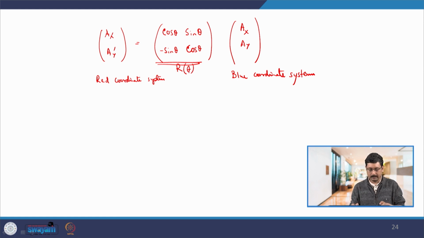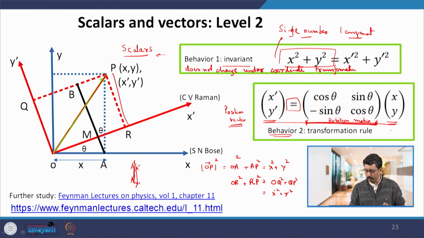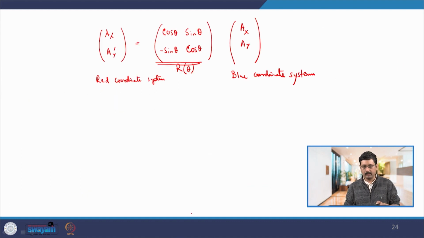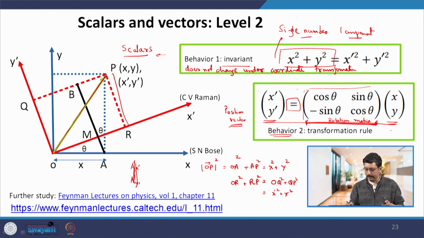This matrix is exactly the same as what we found when we looked at the coordinate transformation for the position vector, which means that they behave in the same way as the position vector. Since the position vector has a sense of magnitude and direction, these quantities are called vectors. They also have a sense of magnitude and direction and can be represented by an arrow.